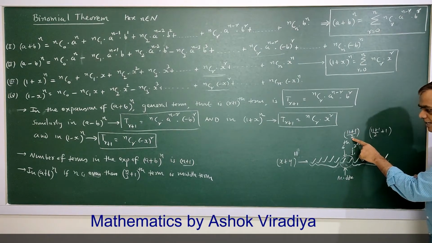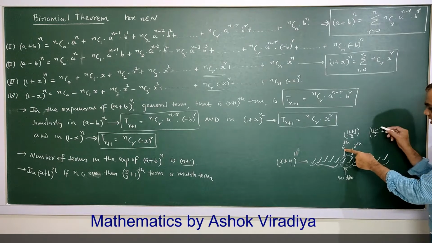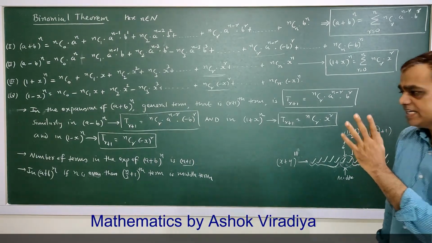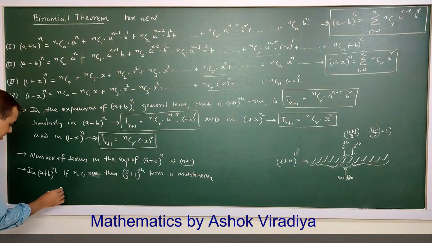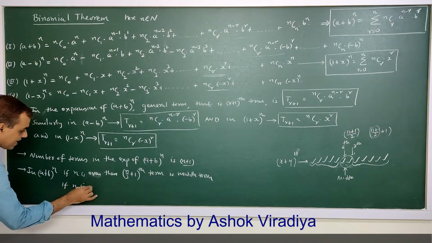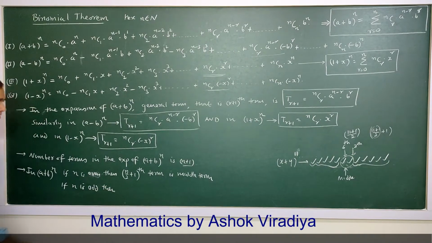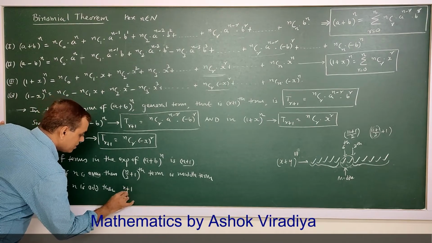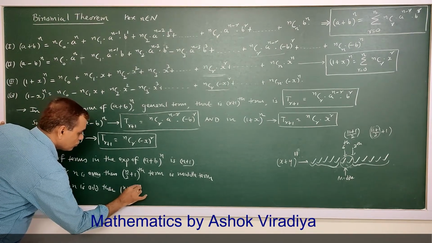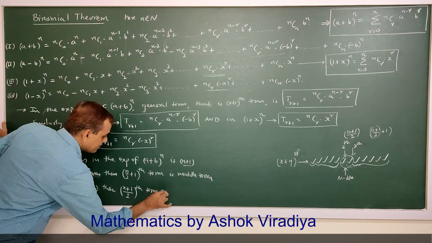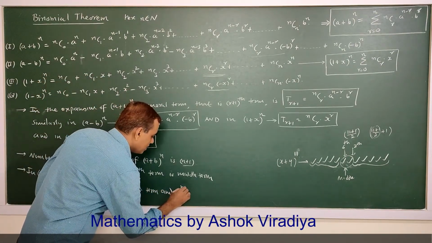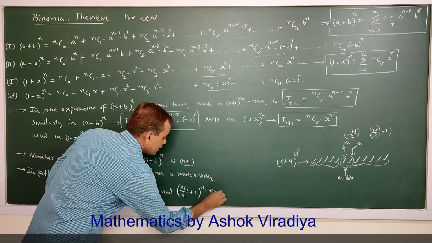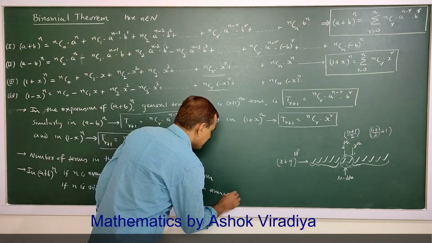So if n is an odd number in (a + b) raised to n, then the (n plus 1) by 2th term and the (n plus 1) by 2 plus 1th term are the 2 middle terms.